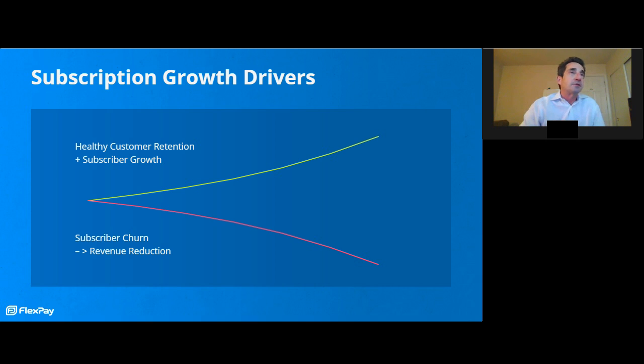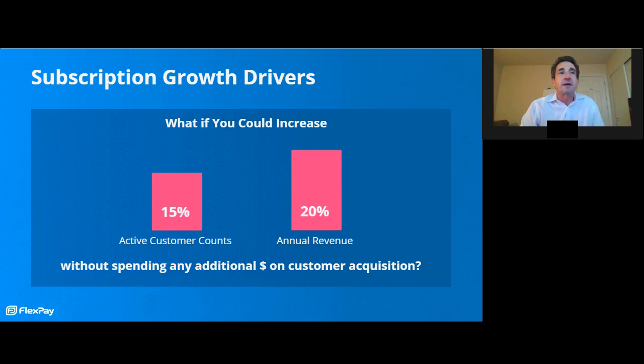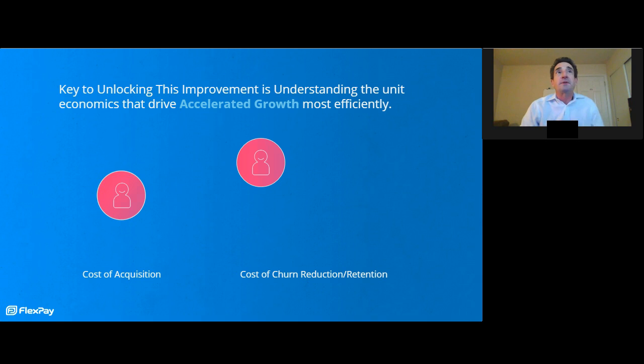But what if you can increase all of your active accounts by 15% or more, and annual revenue by 20% or more, without having to spend any additional dollars on customer acquisition? Of course, that sounds great and almost too good to be true, but this is possible. The key to unlocking this kind of improvement in your business performance is understanding the economics that drive your acceleration of growth most efficiently.